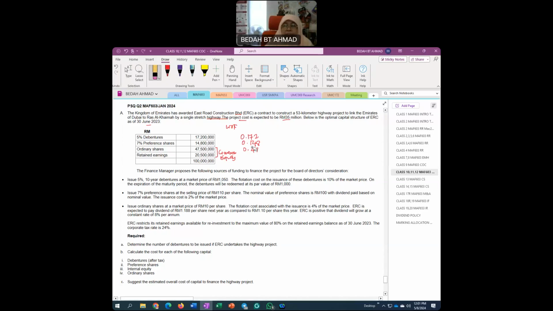For the retained earnings and ordinary shares, we group them together, which is 47.5 added with 20.5, so it is 68. So these two are 0.68. So the total must be 1. Okay, 0.68 plus 0.148 plus 0.172. So the total must be 1.